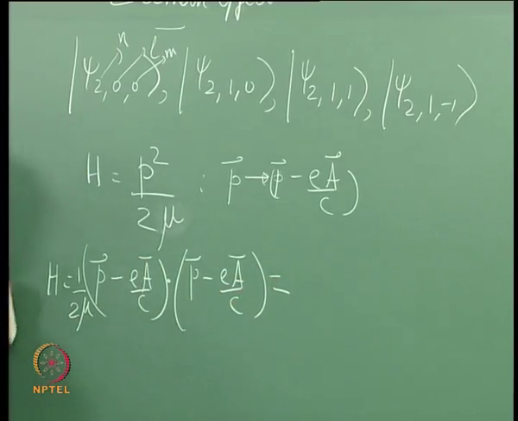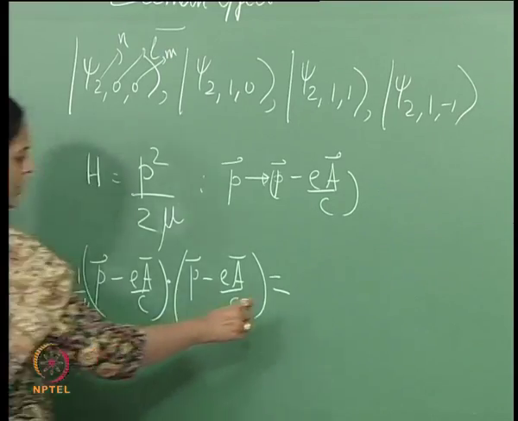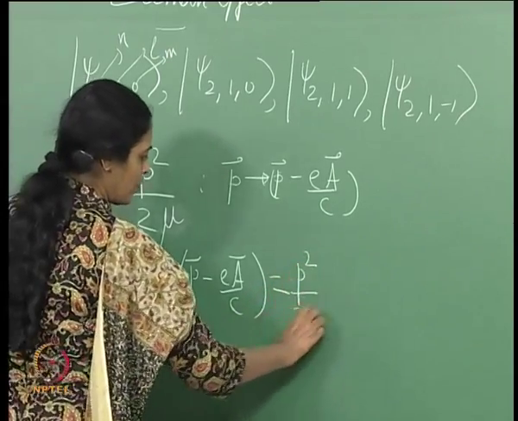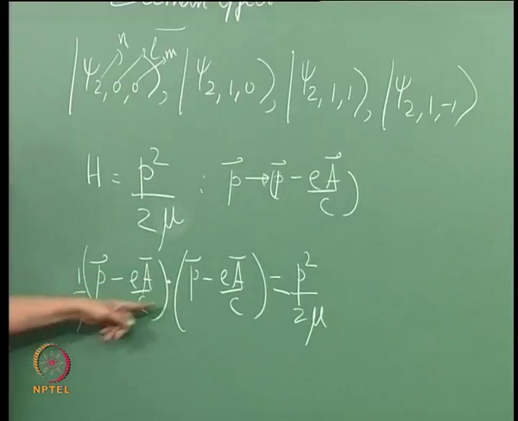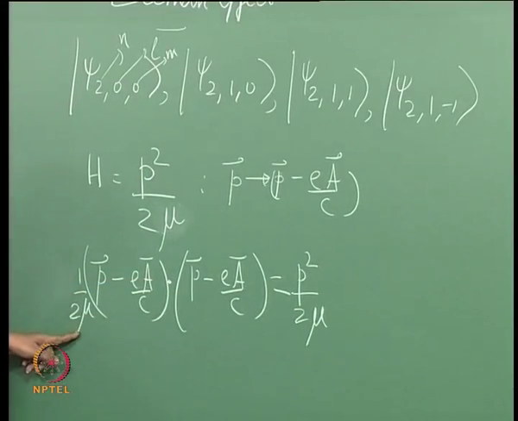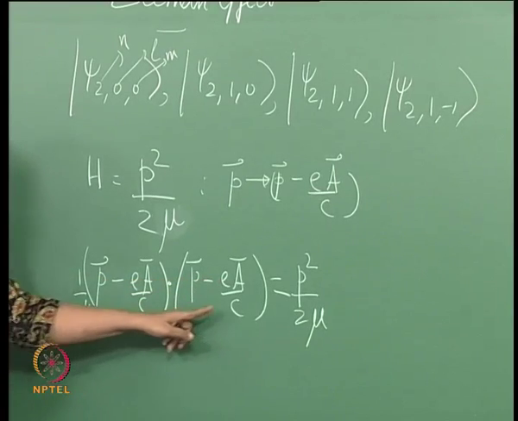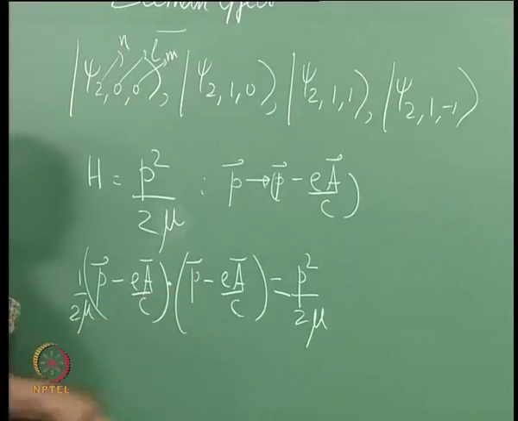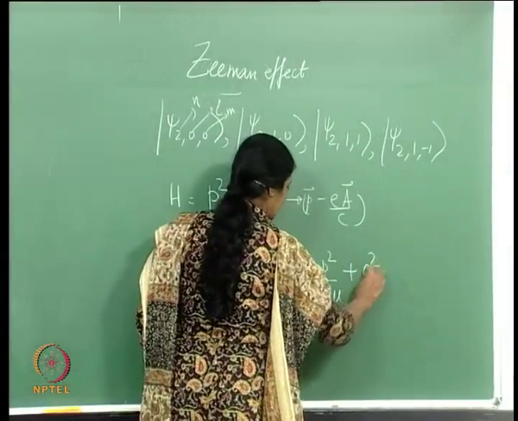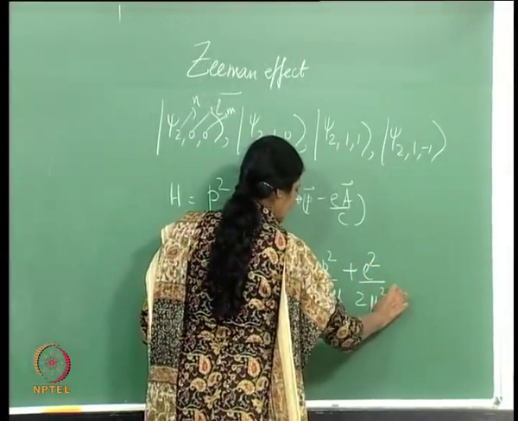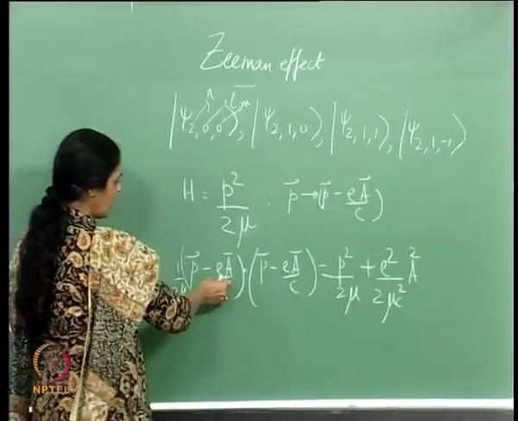This is my new Hamiltonian. This has the old Hamiltonian p squared by 2 mu as the first term. Then I have plus e squared by 2 mu c squared A squared. That comes from here.